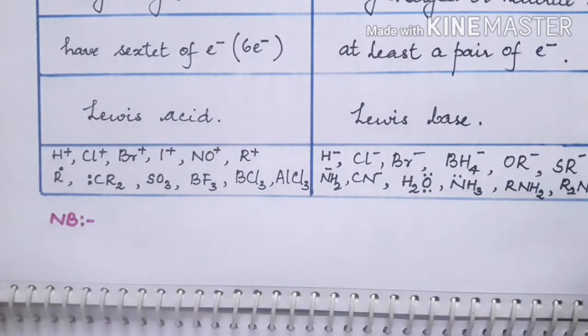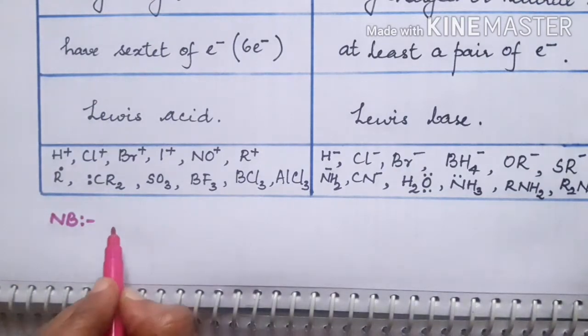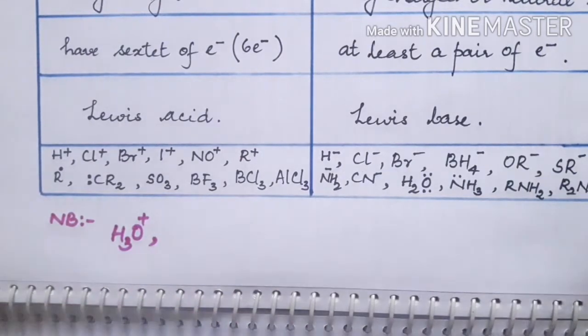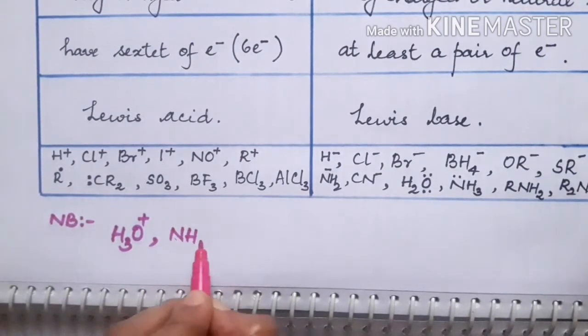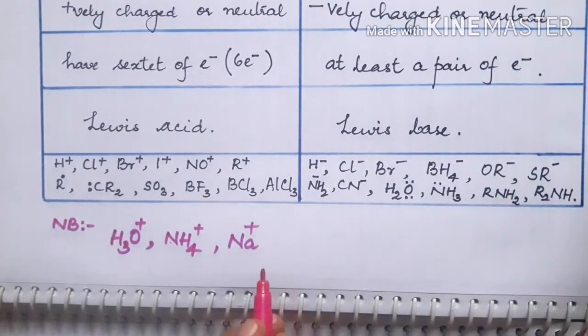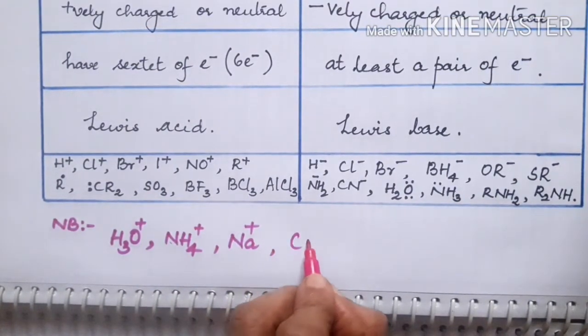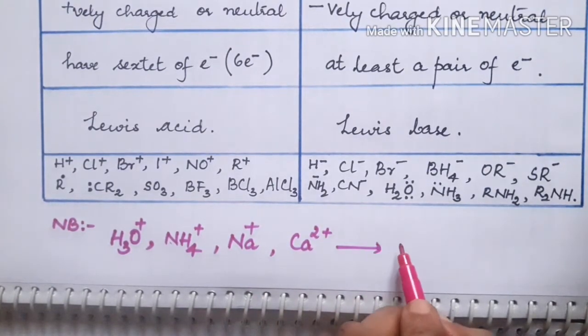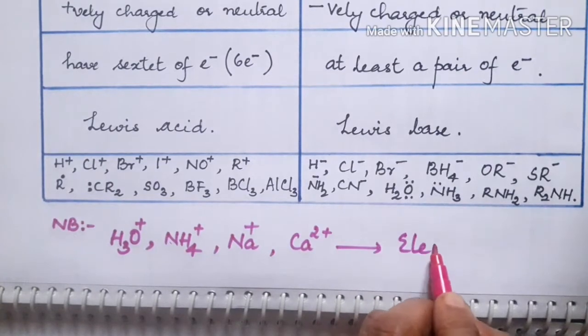The point to be noted here is that molecules or species which contain positive charge like H3O positive, NH4 positive, Na plus and Ca2 plus do not act as electrophiles.